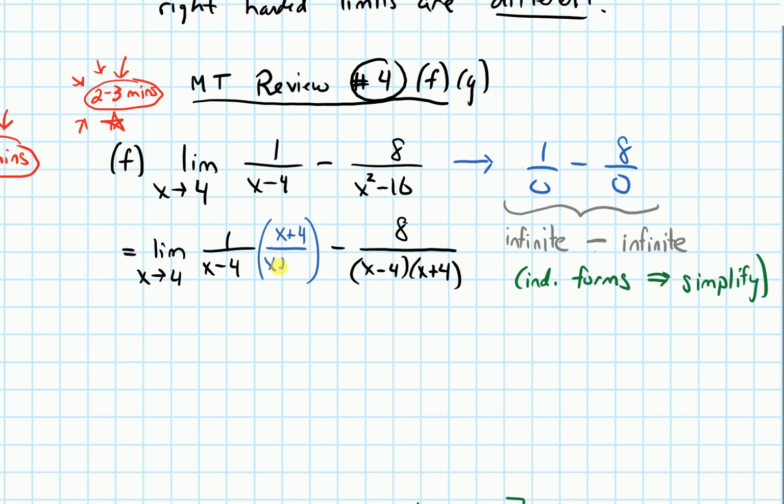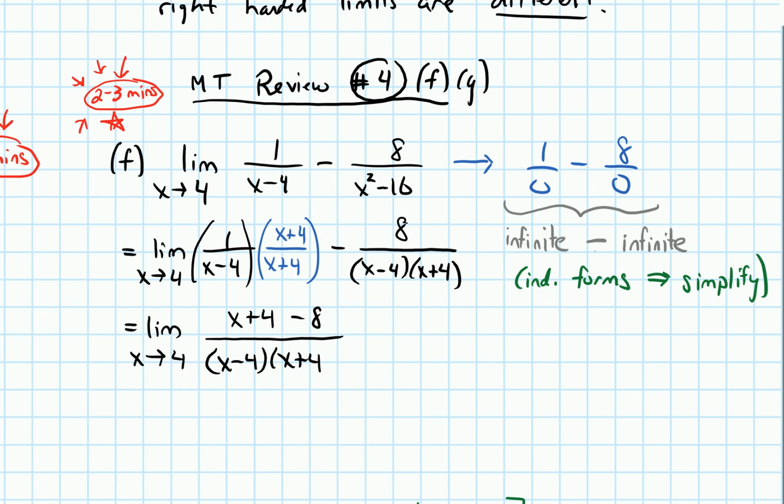That's enough to get a common denominator. I don't also need to multiply it by x minus 4 because there's already an x minus 4 there. Now doing the multiplication, we get the limit as x approaches 4. 1 times x plus 4 is x plus 4, and then we subtract 8 from that. That's the numerator, all over x minus 4 times x plus 4.